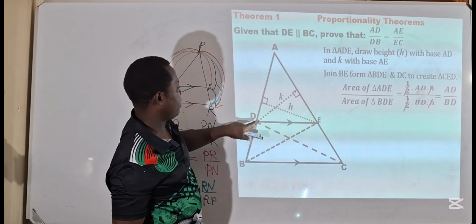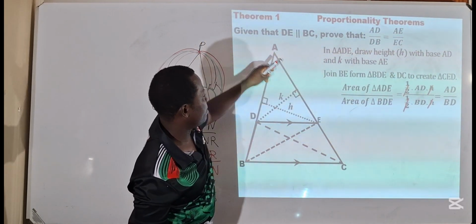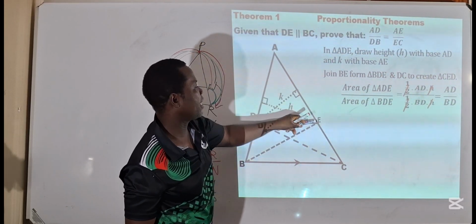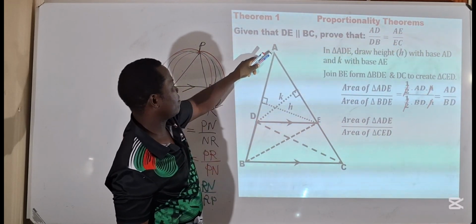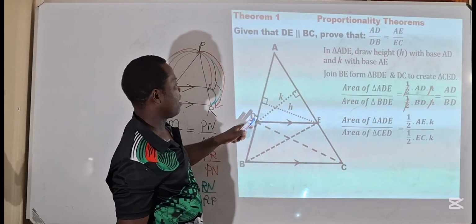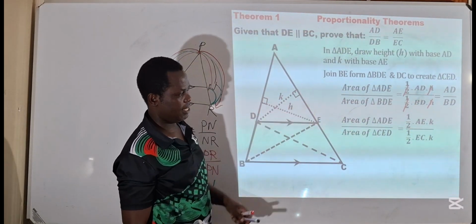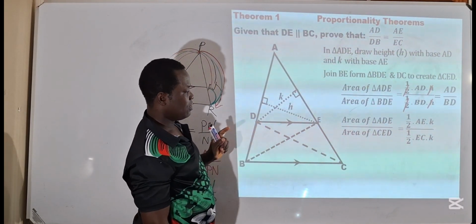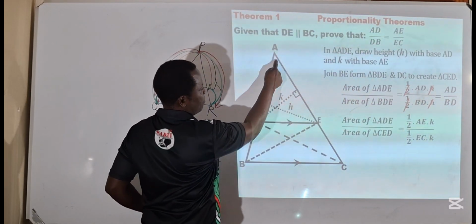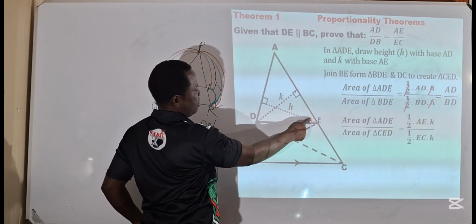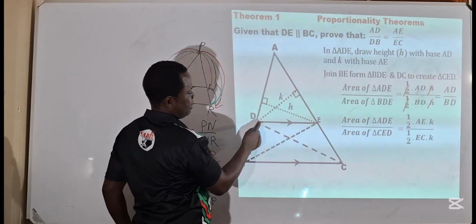So if we apply half times base times height using K, then the base of the triangle will become line AE, which means the area of triangle ADE is going to be half times K, which is the height, times the base AE. Then you divide by, at the bottom here, we take a triangle that has the same base as AE, which means starting from points C, E, and D.